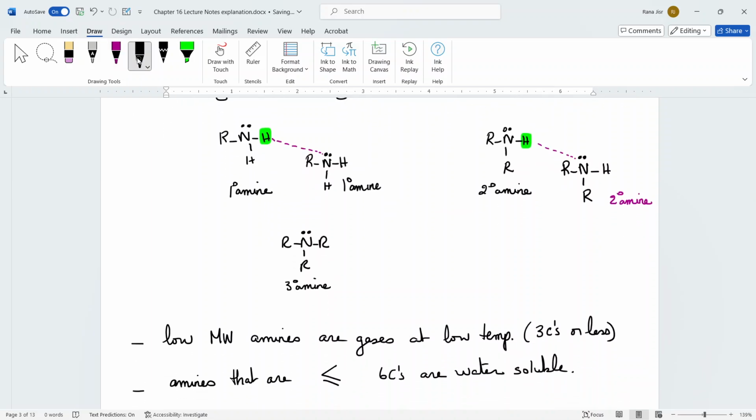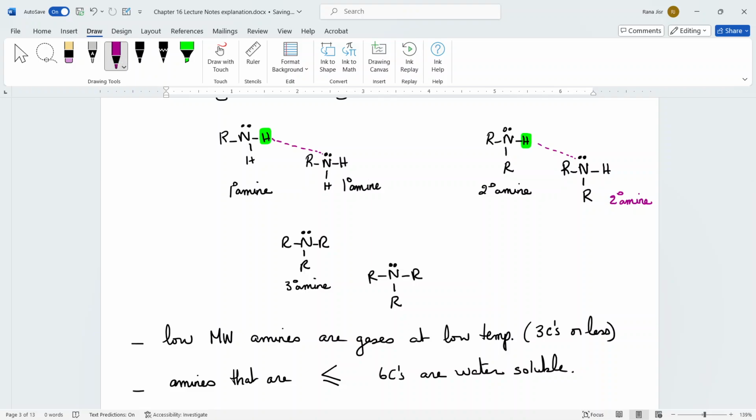On the other hand, if you have two tertiary amines that are next to each other, so here you go, this is a tertiary amine. You notice that here the nitrogen has no hydrogens around it. This is one of the conditions of hydrogen bonding: your molecule needs to have a hydrogen, and that needs to bond with the electronegative element of the second molecule. But here I have no hydrogen bonding whatsoever.